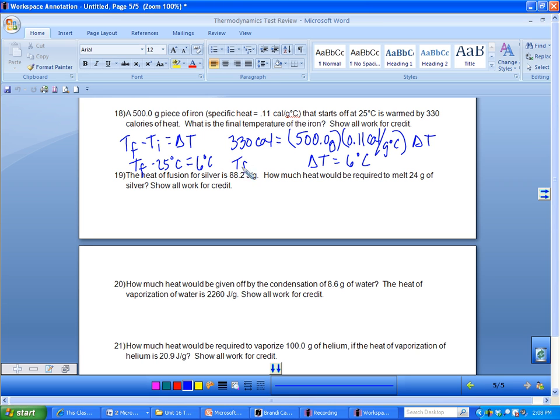And then I got temperature final to be 31 degrees Celsius. Either way it'll work. I think this is easier algebraically, but that's your call.